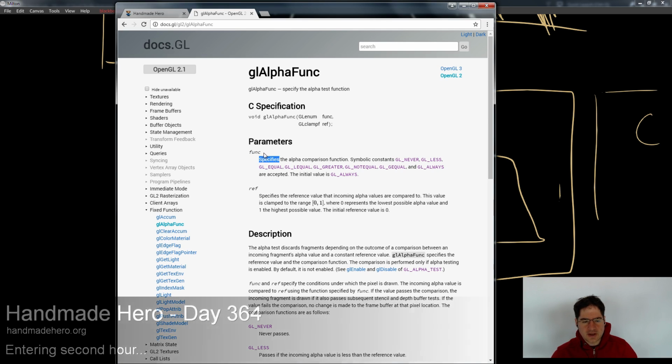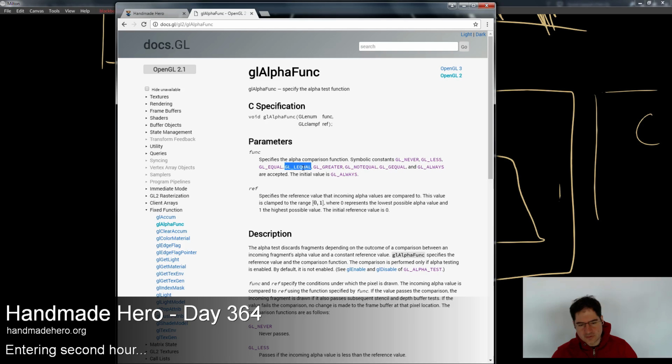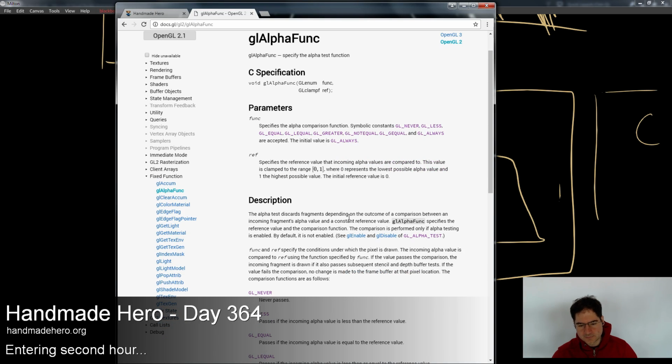So you can set never, less than, equal, less than or equal to, greater than, not equal, greater than or equal to, or always, right? To specify how I would like to compare the alpha value coming from my sprite with this reference value that I supply, and if the function I specified does not succeed, if it's not, say, less than the reference value, it won't work, right?